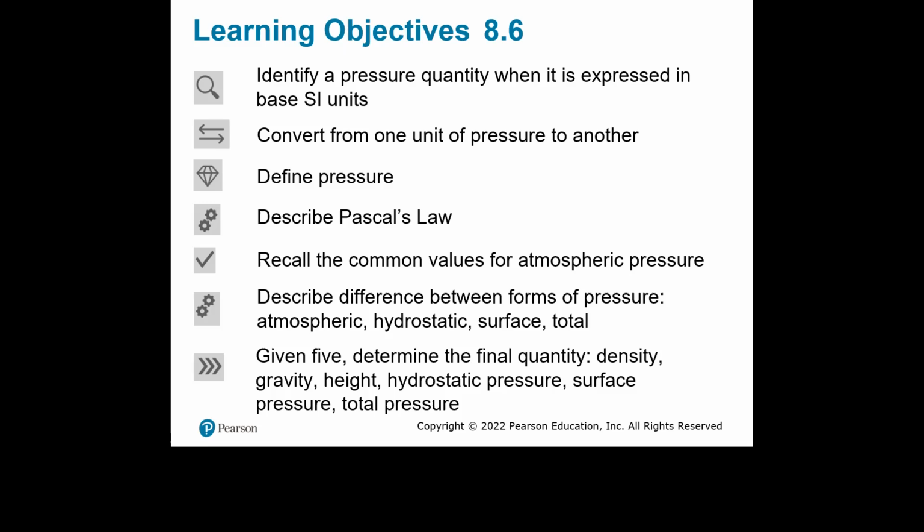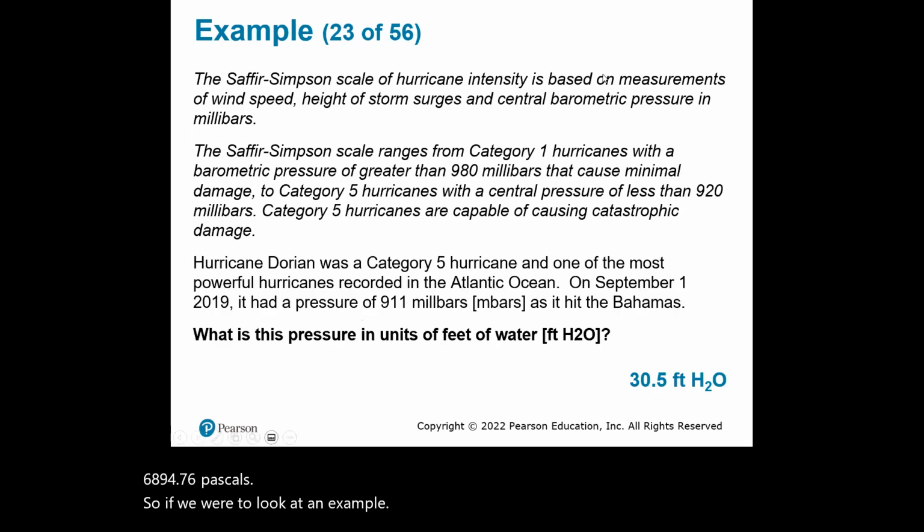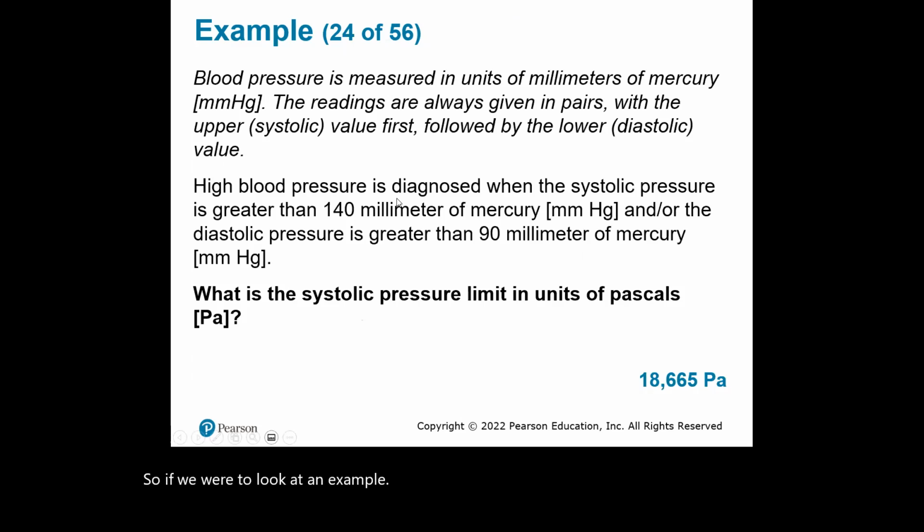So 1 psi is equal to 6,894.76 pascals. If we were to look at an example, it asks, what is the systolic pressure limit in units of pascals?